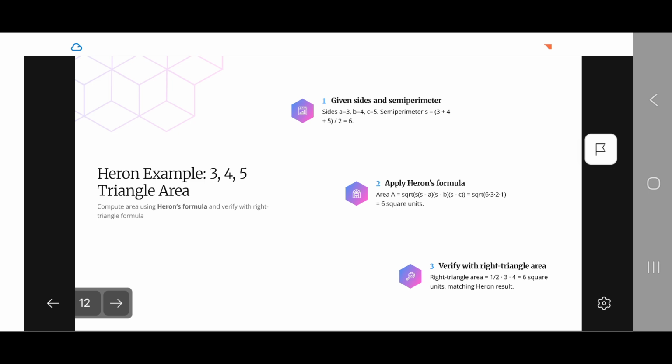Verify with the right triangle area: half times 3 times 4 equals 6 square units, matching the Heron result. If you have any questions about Heron's formula, write them in the comments.